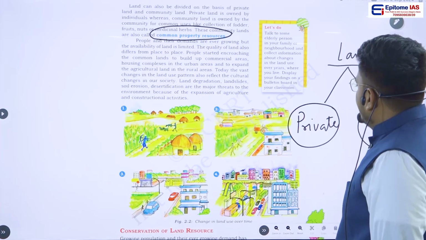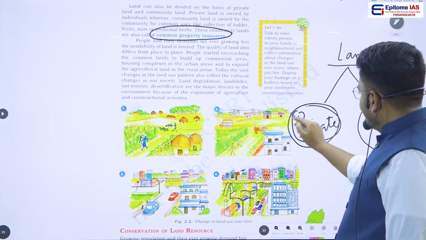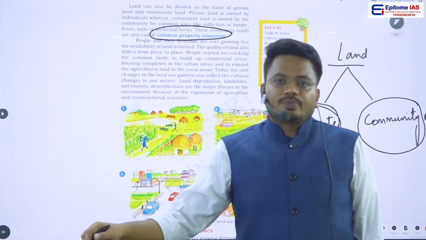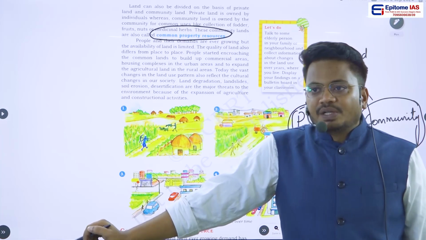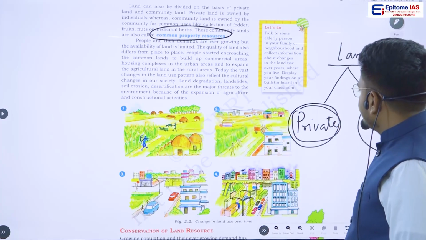Now if you see here, how were these private lands created? Obviously private lands were created by encroachment of the people on these community resources, the community land.